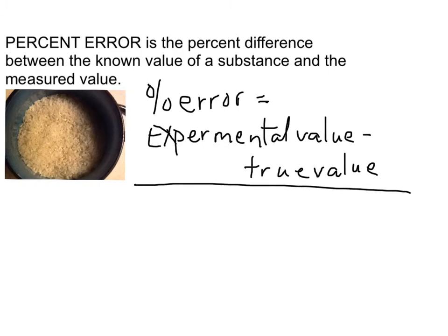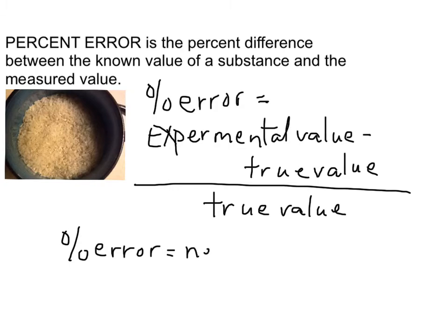Take those two numbers and divide them by the true value. The percent error then would equal this new number times 100%.